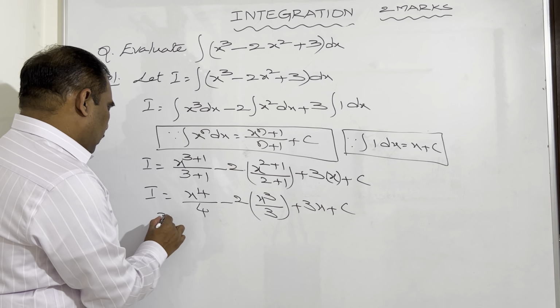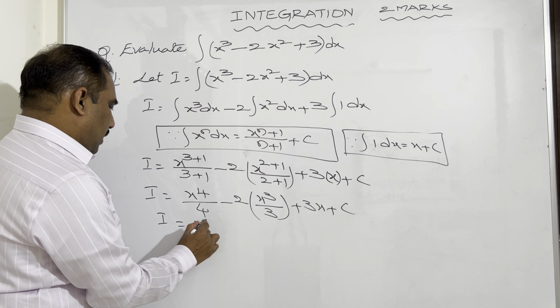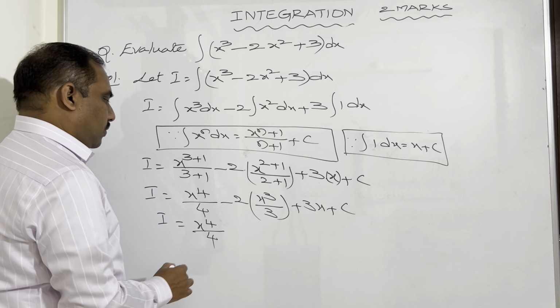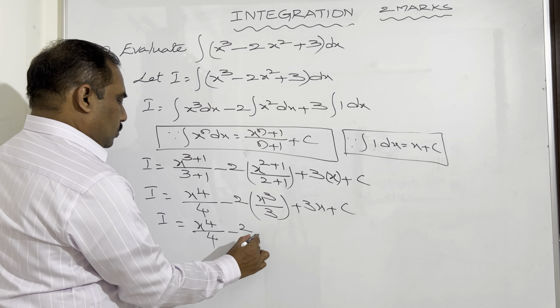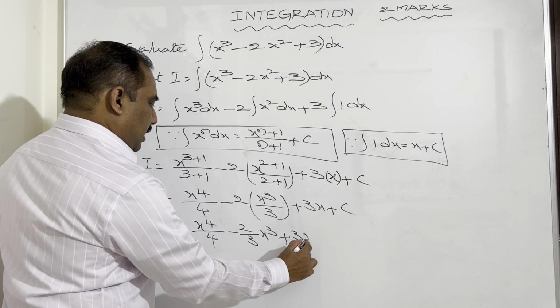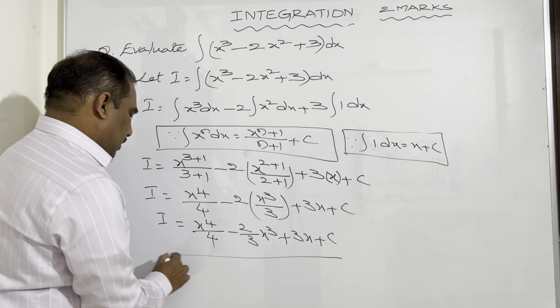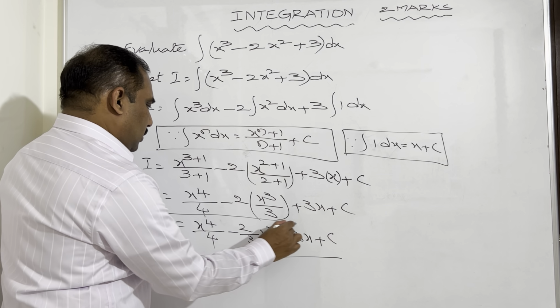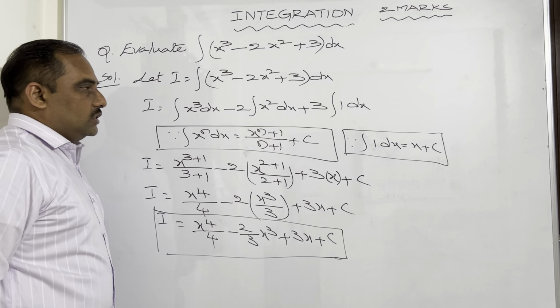It can also be written as I is equal to x power 4 by 4 minus 2 by 3 into x cube plus 3x plus c, which is the final solution of the given function.